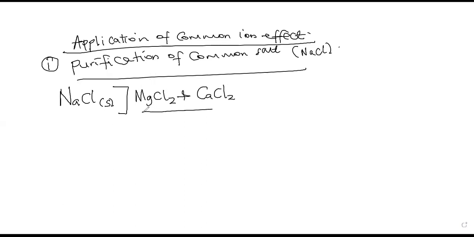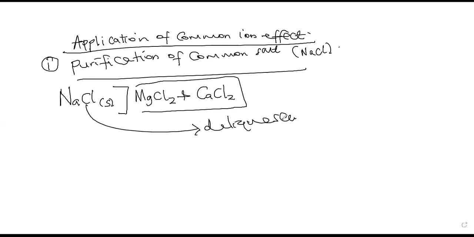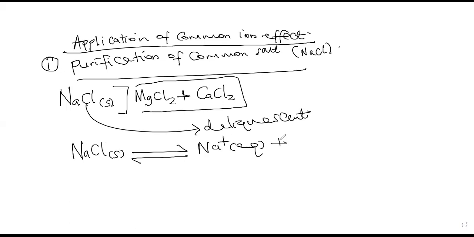And a mixture of this in it causes sodium chloride to be deliquescent, meaning that since it has this mixture of substances, sodium chloride establishes equilibrium to form sodium ions and chloride ions.